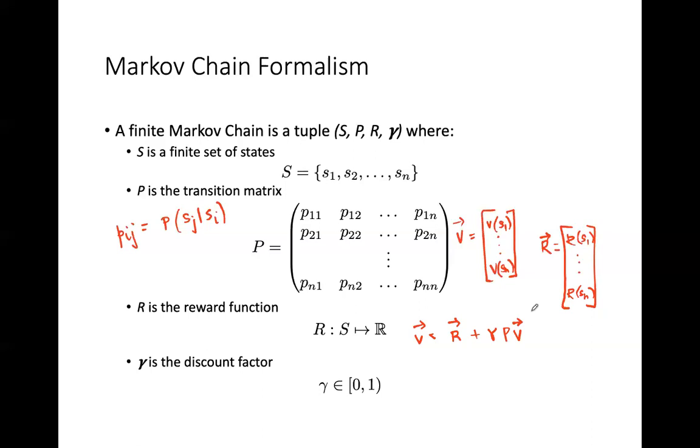So if you think about it, why does this product work? If this is my matrix P, if we take the first row of this matrix, these are all the probabilities of the transitions that could happen out of state one. So I would take this row and multiply it by these, and that makes sense, right? P11 would get multiplied by the value of S1.